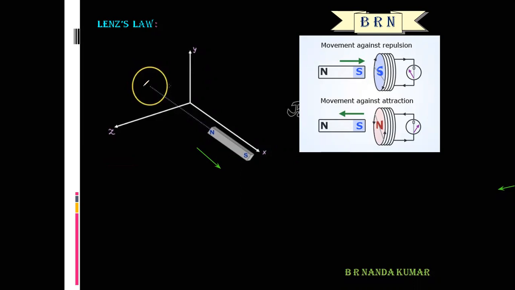EMF induced in the loop produces the induced current, but it flows in the clockwise direction. The face of the loop in which current flows clockwise behaves like a south pole, right? Now this south pole opposes the further change of the magnetic flux.